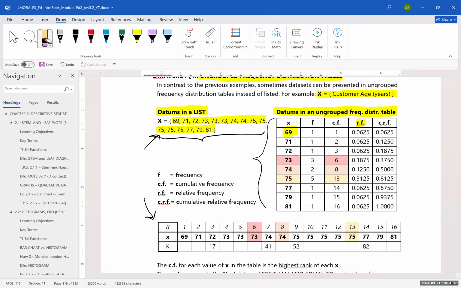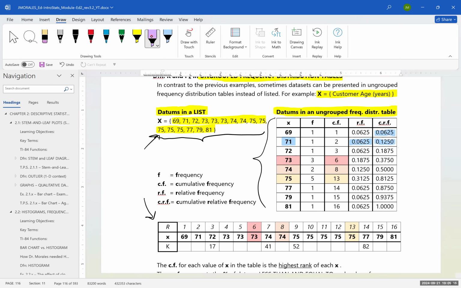And likewise, when we did cumulative frequency, where we added the previous cumulative frequency to the current row's frequency, we're doing something like that with relative frequency. So if we wanted to figure out the cumulative relative frequency of 71, we would take the relative frequency of 71 and add that to the cumulative relative frequency in the previous row, and 0.0625 plus 0.0625 equals 0.1250.